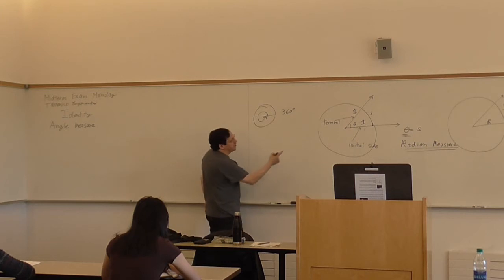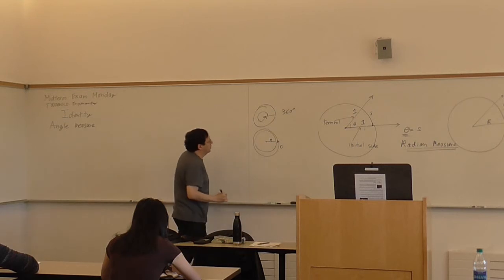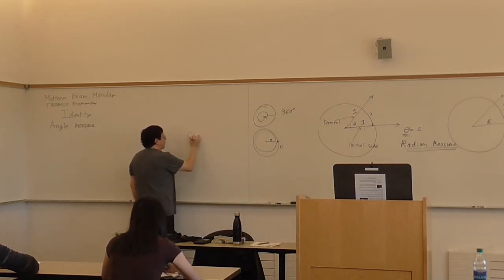Well, using the alternate definition, if you have a radius and the circumference of a circle, well, what's the circumference of a circle divided by its radius?